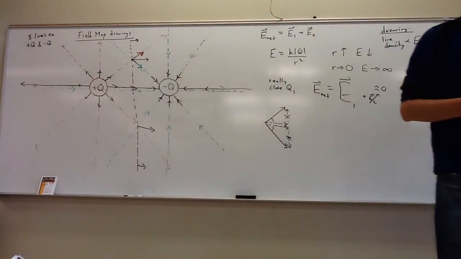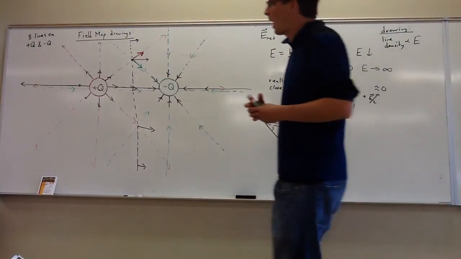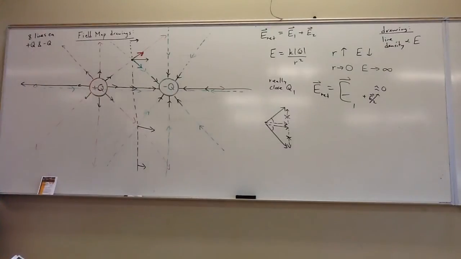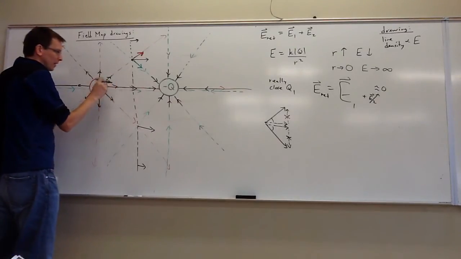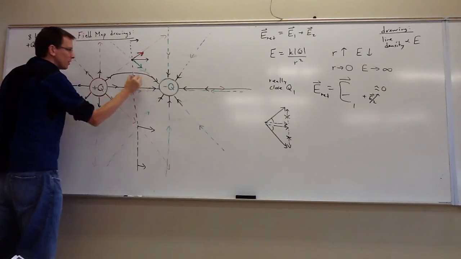Now at this point, I'm going to say that we have enough to play connect the dots. So let's go ahead and start doing that. So if I'm going to connect, I'm going to get something that looks like this.